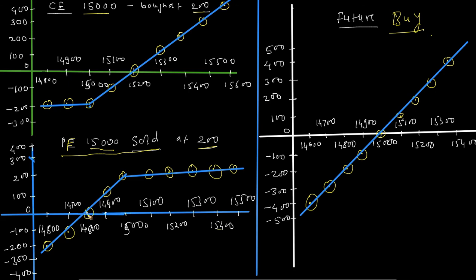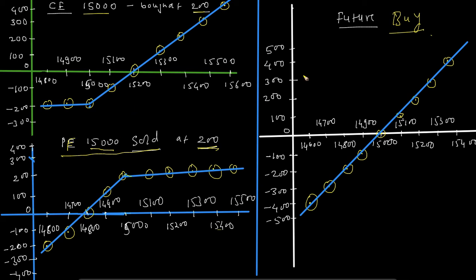Above 14,800, we will have a small profit, at the max the premium which we got by selling this put option, that is at the max 200. But as the market falls below 14,800, our loss as a seller will increase drastically. Unlimited loss we will have. So this is a put option seller's payoff graph.